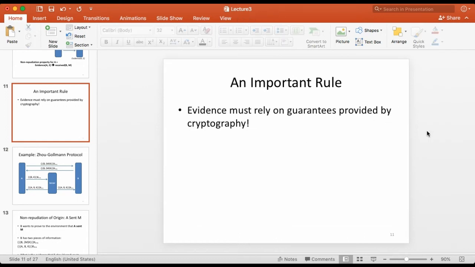Okay, so simply if you send me a message, there is no proof that you sent it, nor is there any proof that I received it, unless both of us can produce enough cryptographic information that essentially shows that that message was indeed sent or received.